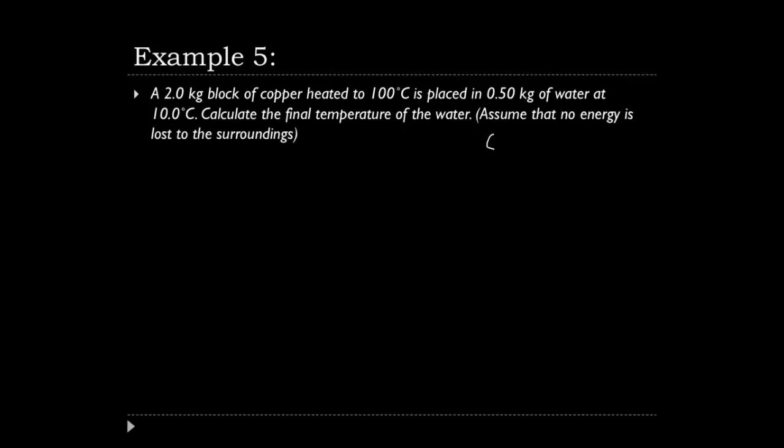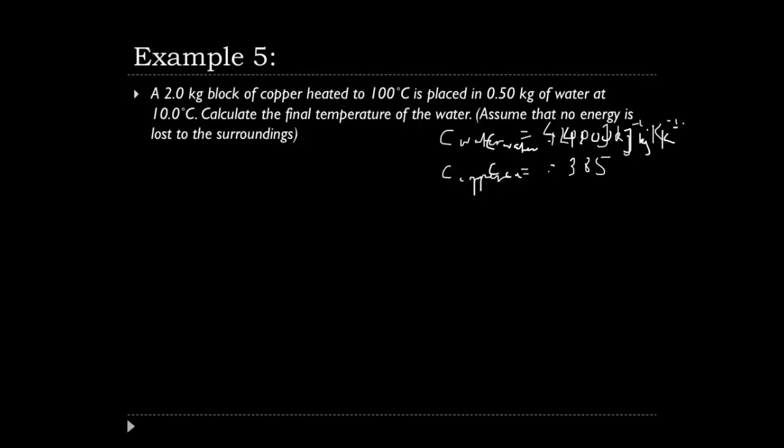C of water is 4200 joules per kilogram per Kelvin, and C of copper, we know from the earlier example, is 385 joules per kilogram per Kelvin.